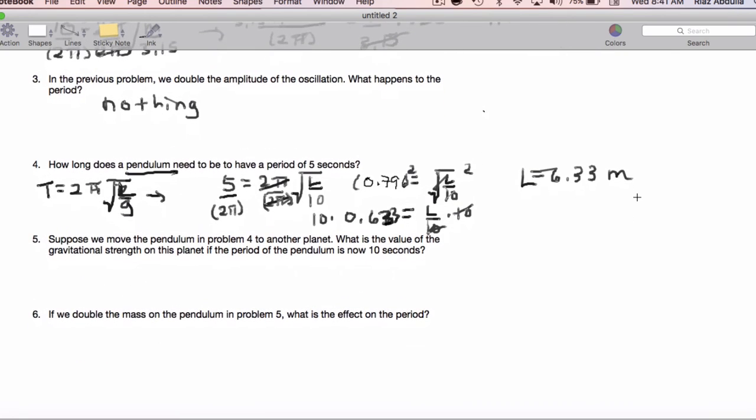All right, now we're going to change this up a little bit. We're going to move the pendulum to a new planet. We'll keep the length of the pendulum equal to 6.33. And now we want to know the gravitational strength on this new planet if the period is 10 seconds.